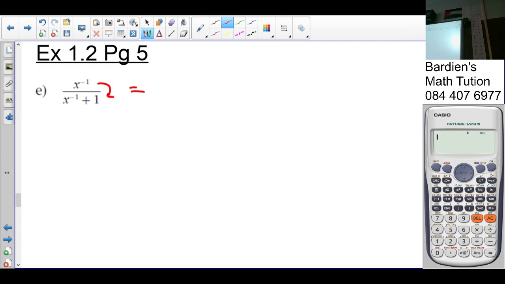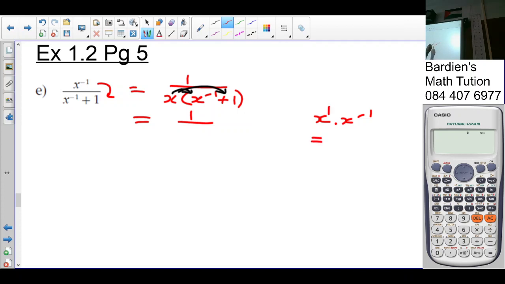So if you're going to take that down, it's going to be 1 over x into x minus 1 plus 1. So what we're going to do in the denominator is multiply to get rid of the bracket. So what is x times x to the negative 1? 1. Not x. 1.